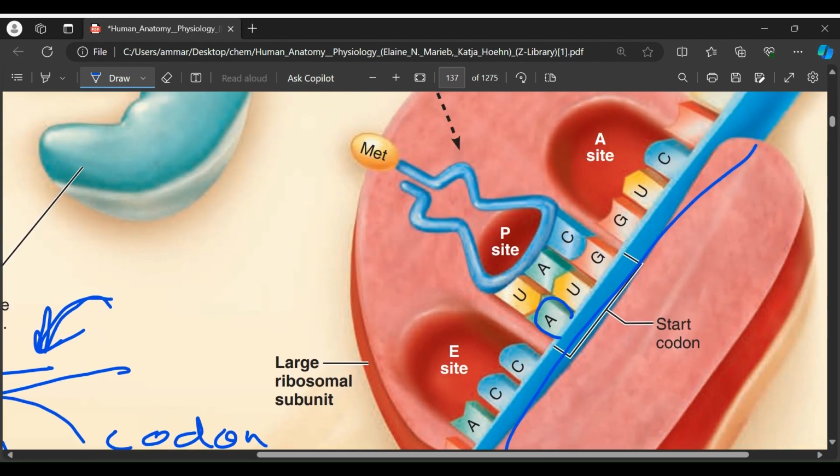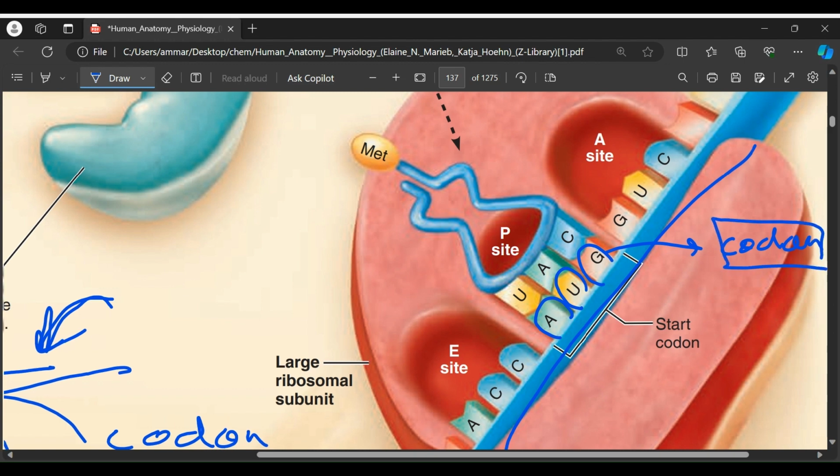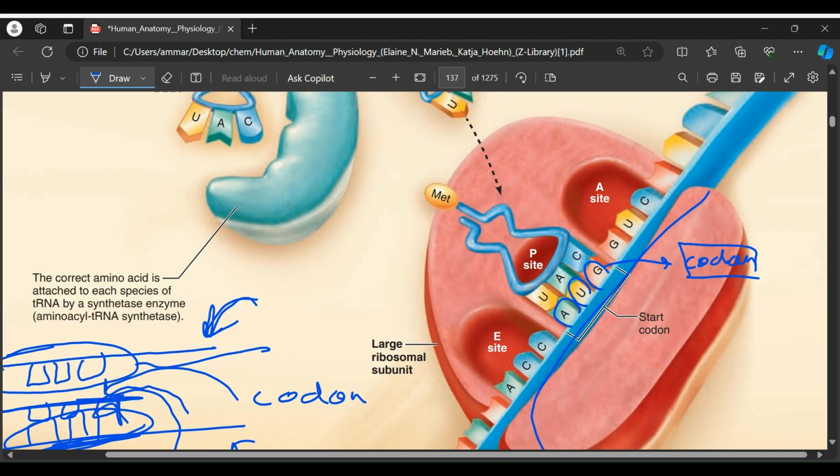See, these are three nucleotides of the mRNA, messenger RNA. These are the codon. And we will see the tRNA, the transfer RNA, with also three complementary nucleotides. We call them anticodon.